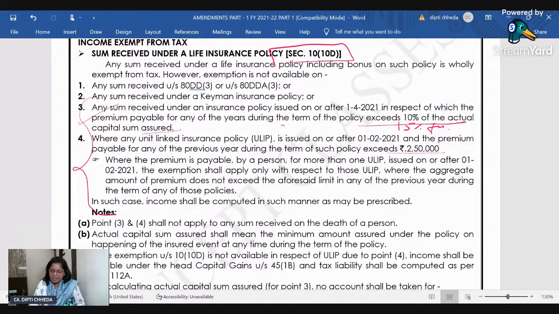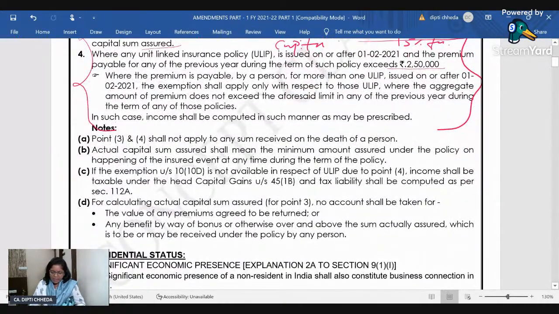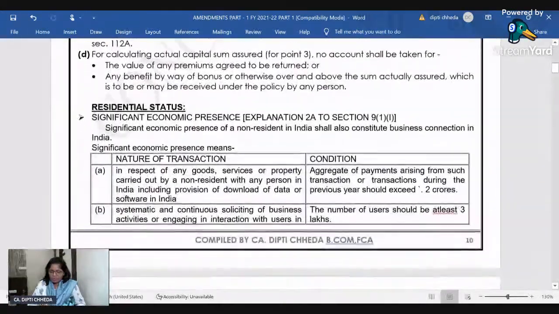It will be taxable under capital gain. And because of this only, there is an amendment in the definition of capital asset, movable and so on, and it includes ULIP on the maturity. Okay? All that I have discussed, I have given you the flow chart.